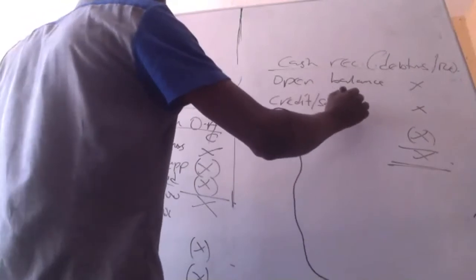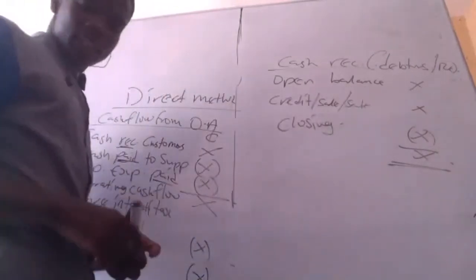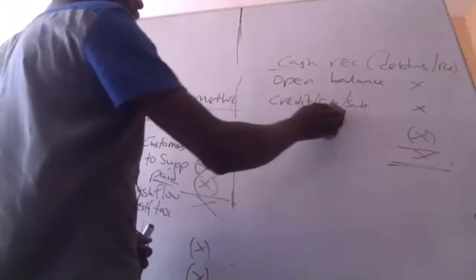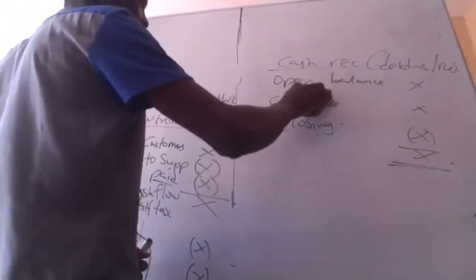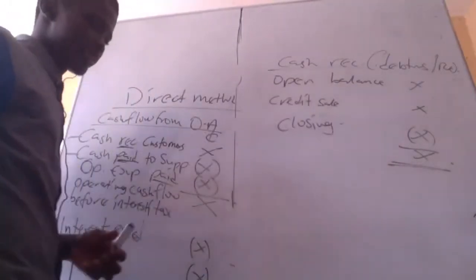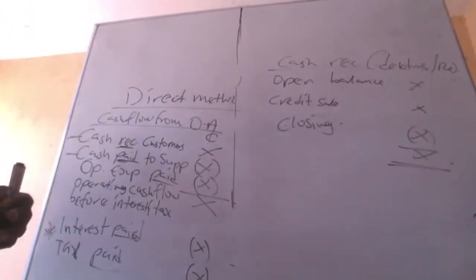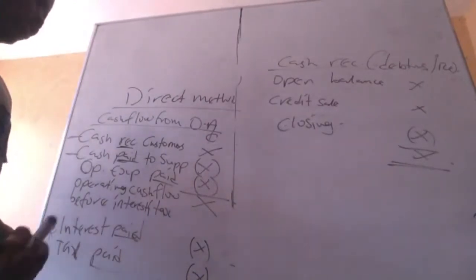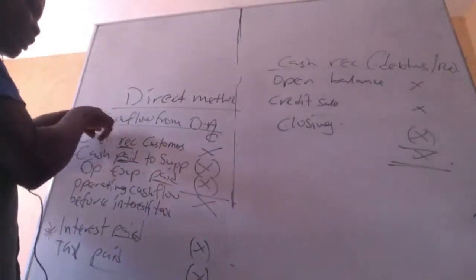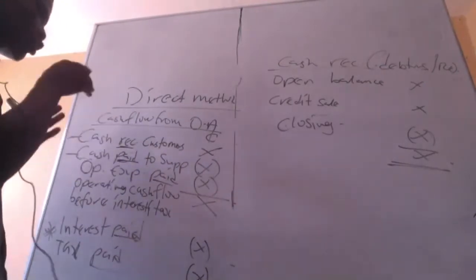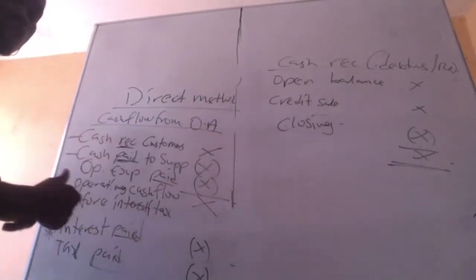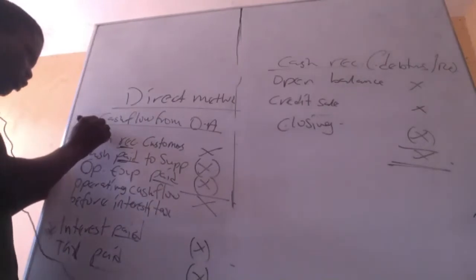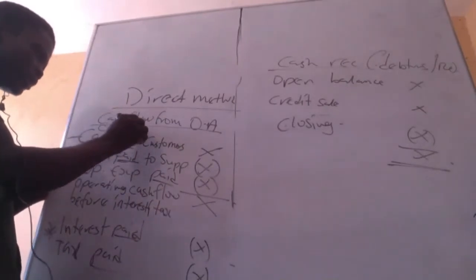But ideally, when you pick the credit sales, it will only give you the cash you have received from your credit customers. So you have to add the cash sales to it. Cash sales. Good.